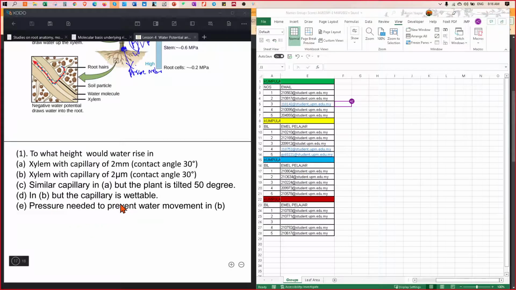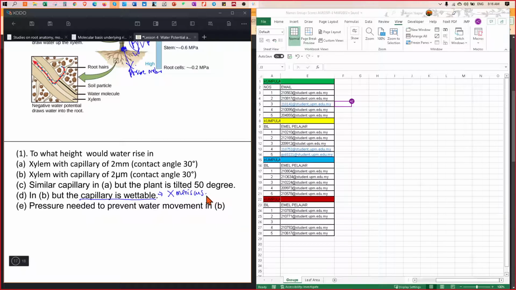Oh, I forgot to tell you, wettable capillary, this is when there is no meniscus. No meniscus.